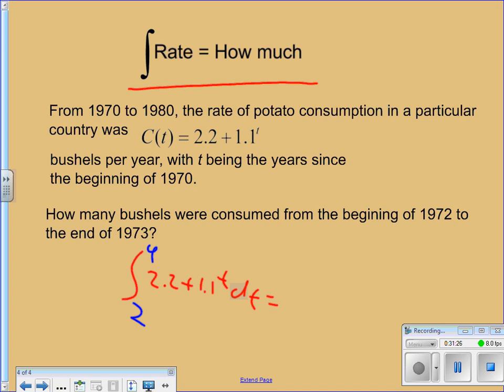And dear Lord, do not try to do this by hand. Do it on your calculator. This is an exponential, and taking the antiderivative of this is really not easy. It can be done; I've done this often enough and I know how to do it, but I don't want to even think about doing it.